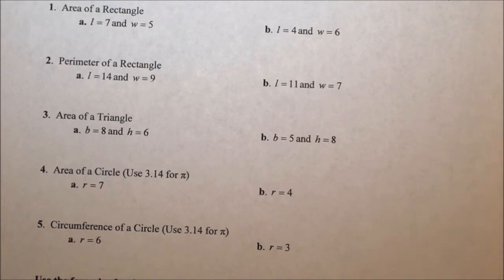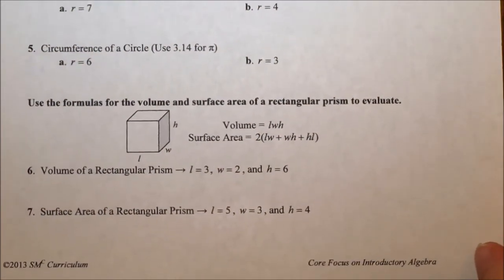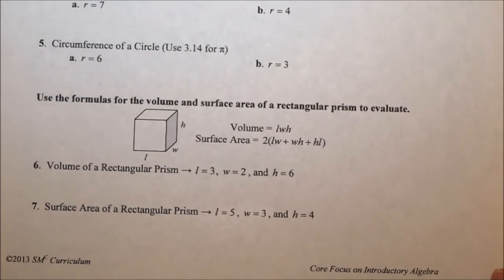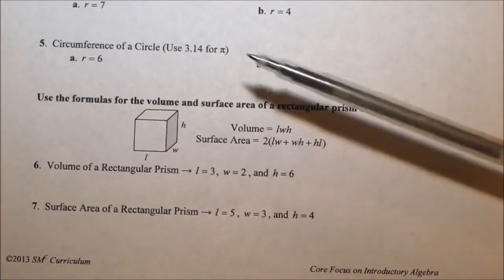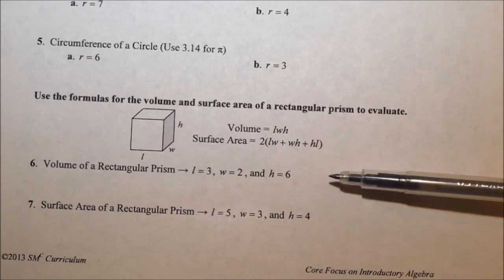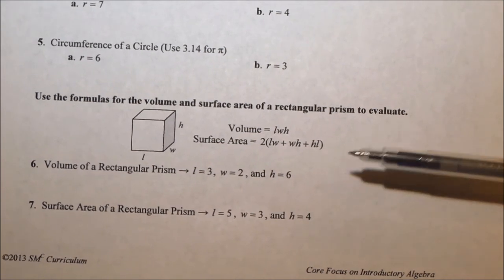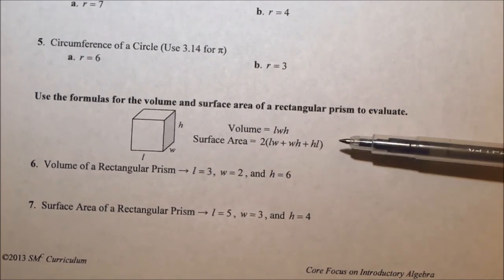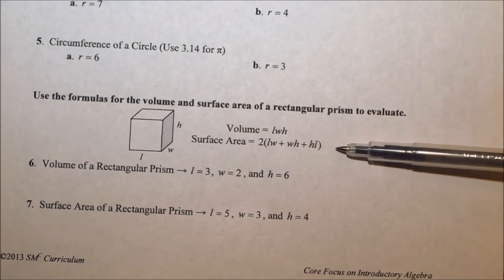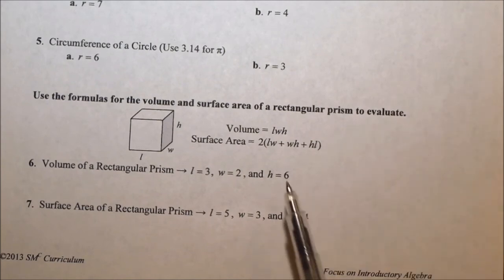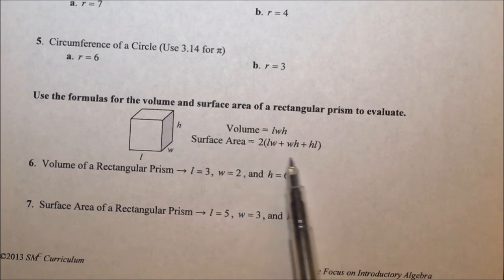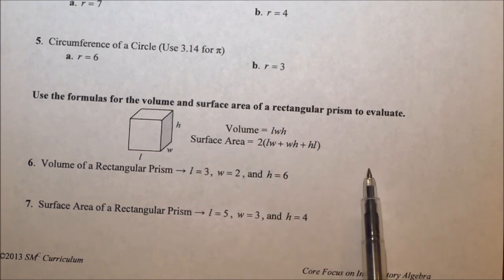All right. Now, this one down here is finding the volume of this prism. You guys, I know you already know how to do that. And then finding the surface area. When you're finding the surface area, I know this looks like a crazy formula, but it's the same steps, okay?